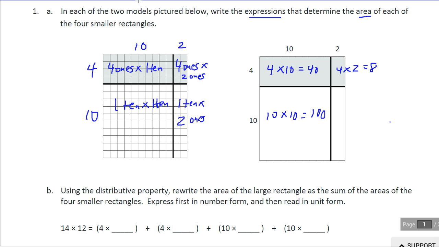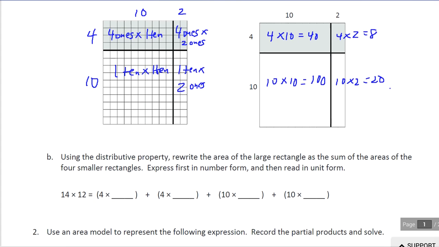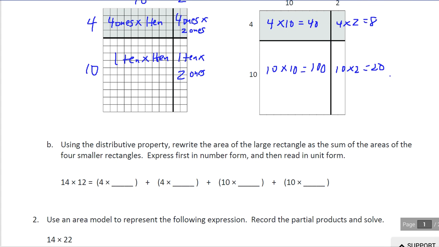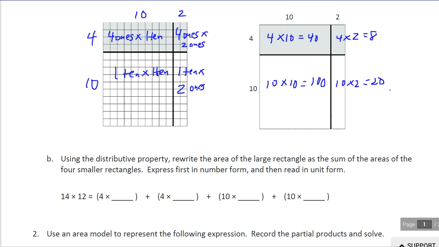And this one is 10 times 2, which is 20. If I add all those four rectangles together, that gives me the answer to 14 times 12, which, if we look down here at B, is 14 times 12.